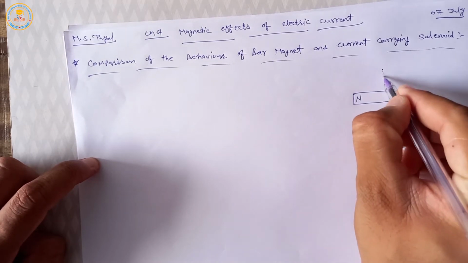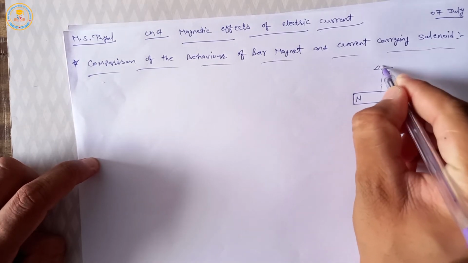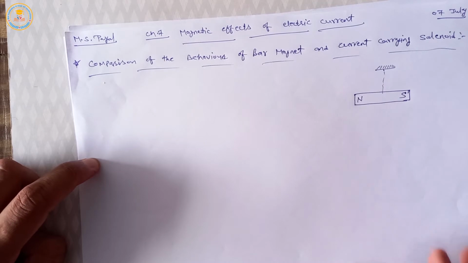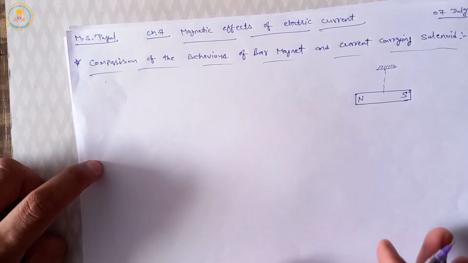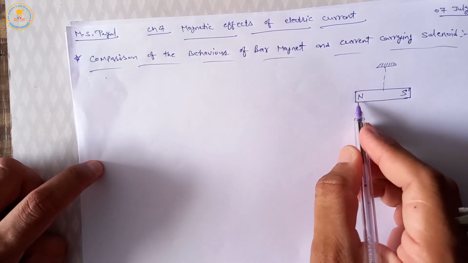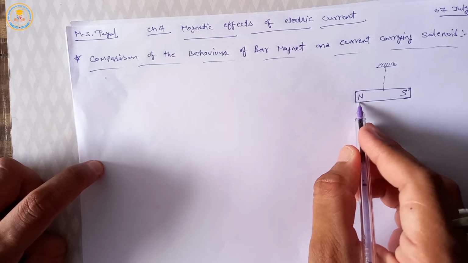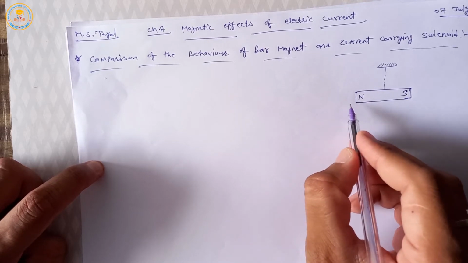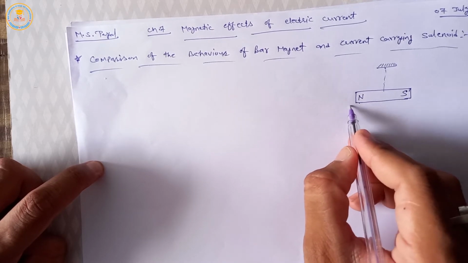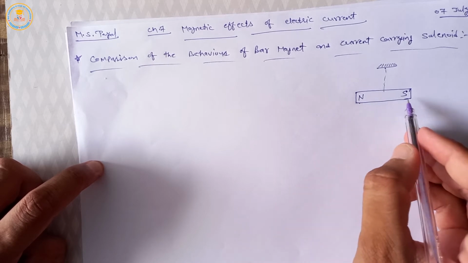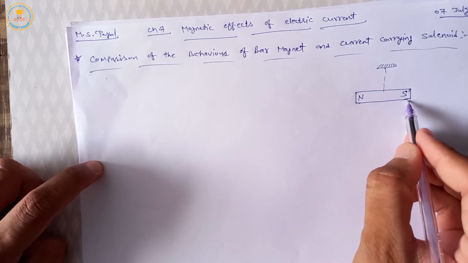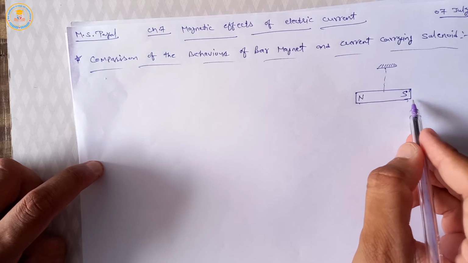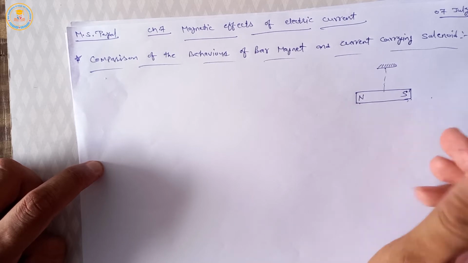If we hang this bar magnet freely to a rigid base, then the north pole is situated in the north direction, and this south pole is situated in the south direction.